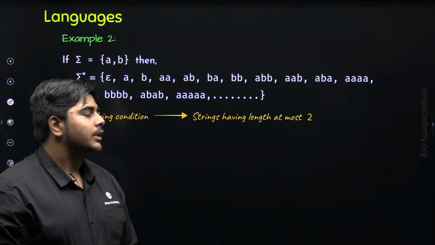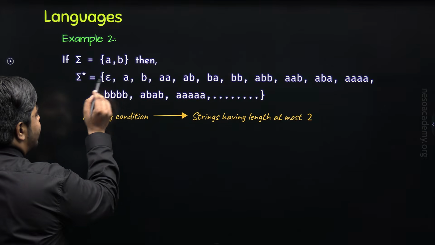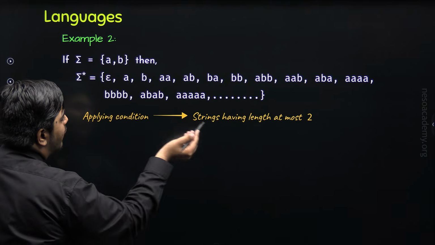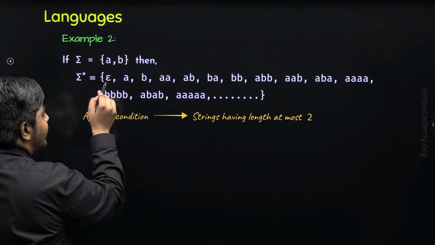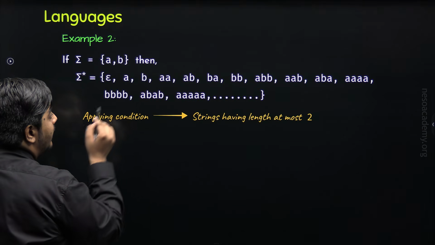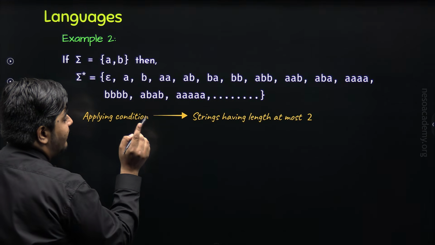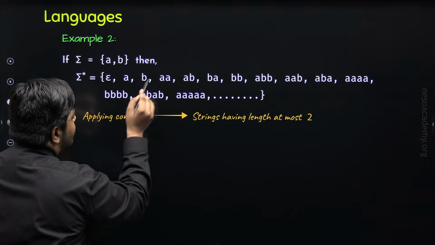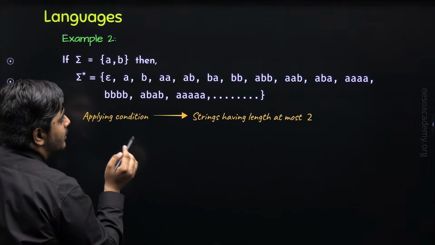So let's find out. Epsilon, that is our null string, has length 0, which is obviously less than 2. That means this is a valid string. A and B have length equal to 1, less than 2, and that is why these two are also part of our language.